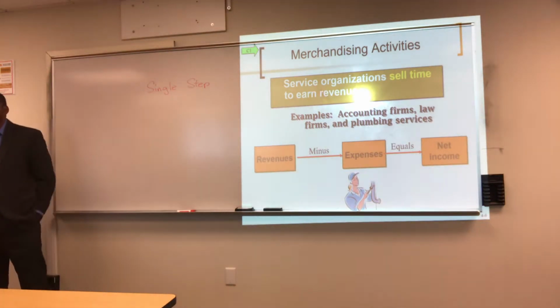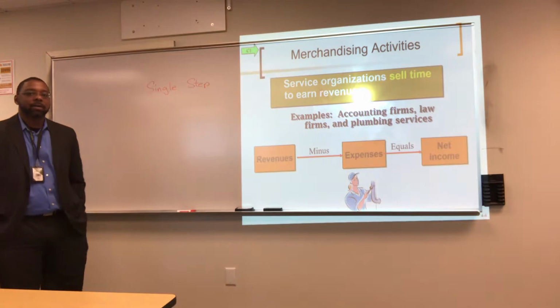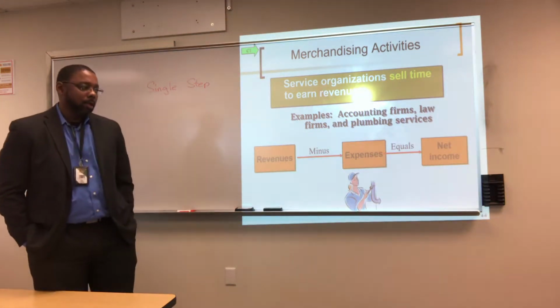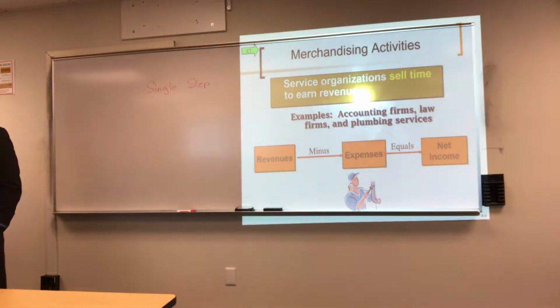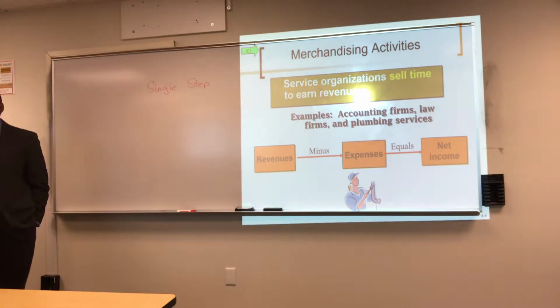Now we're going to move forward into merchandising and manufacturing. When dealing with merchandising and manufacturing, we're going to extend out the income statement. Why? Because now we're talking about product.